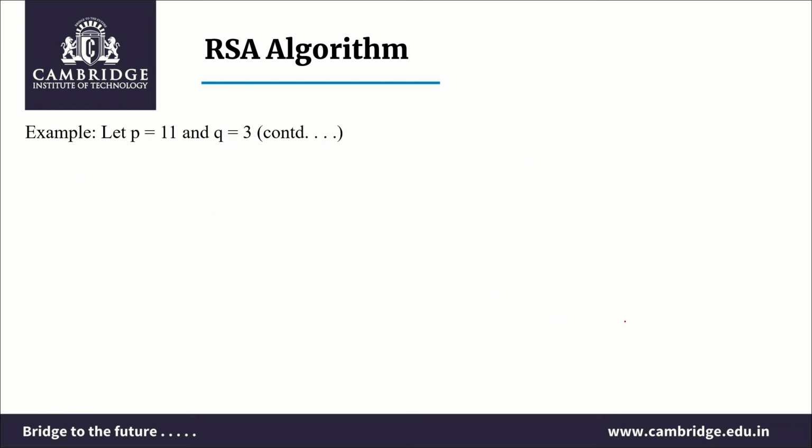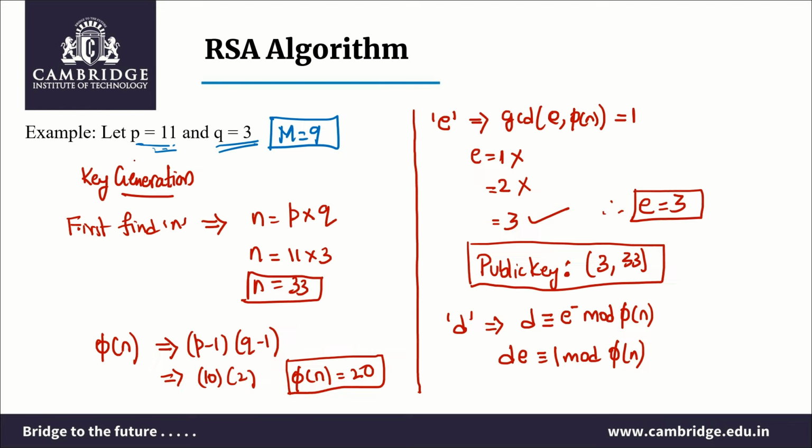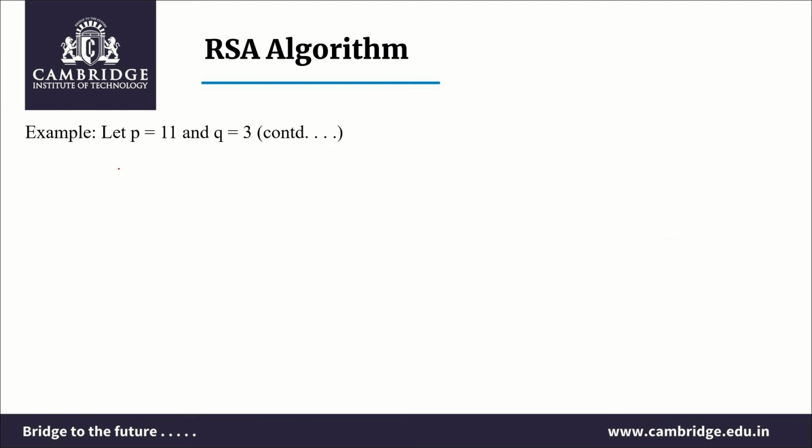Now, how do you calculate this? Since we know the value of e, we will write it as 3 times d congruent to 1 mod 20. The task here is to find different values of d such that when multiplied with 3 and divided by 20, it gives a remainder of 1.